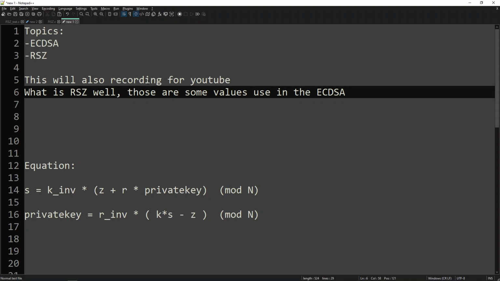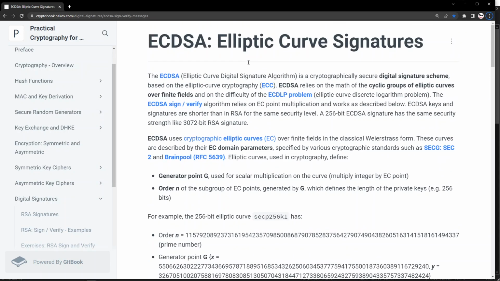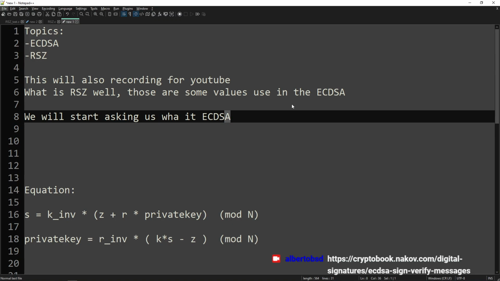So we will start by asking what is ECDSA. Well, this is also an abbreviation for Elliptic Curve Digital Signature Algorithm. Let me send you one link. You can check all these by yourself on this page. So let's go back here.